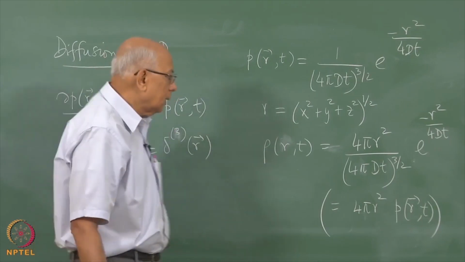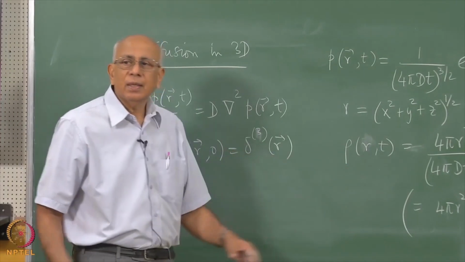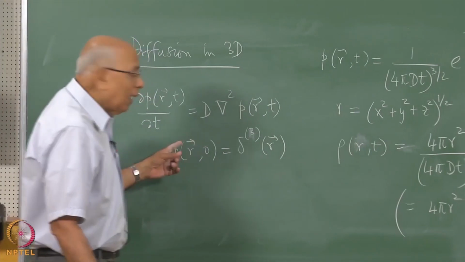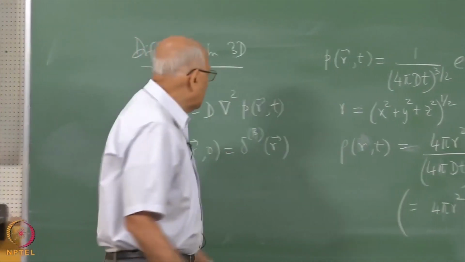Okay. Now what is the equation satisfied by this rho? What is the Fokker-Planck equation satisfied by this rho? You have to go back here and substitute for it. So let us do that.